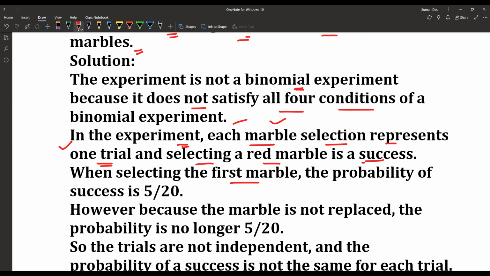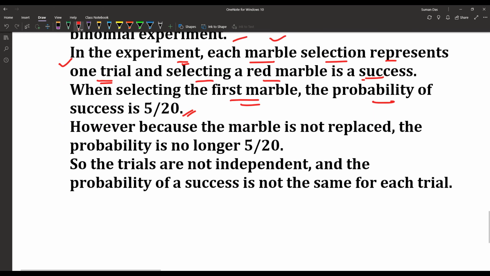When selecting the first marble, the probability of success is 5 by 20. However, because the marble is not replaced, the probability is no longer 5 by 20. So the probability of success p is not constant.